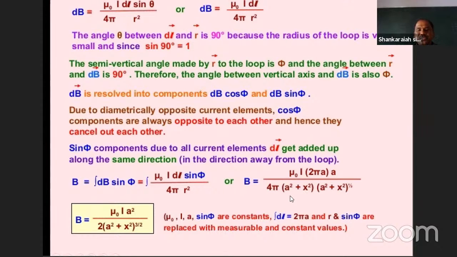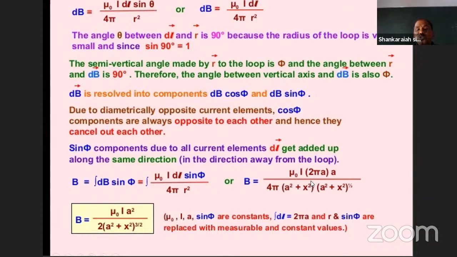Got it? Next, the bases are equal, then add the powers. Here a into a square gives a square, and pi gets cancelled; 2 twos are 4, so we write 2.